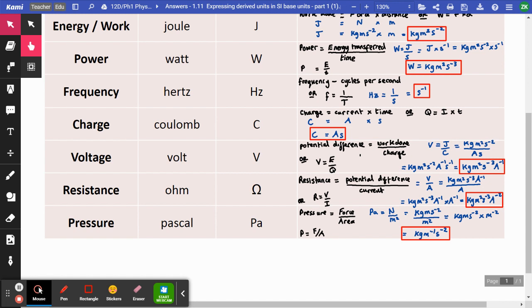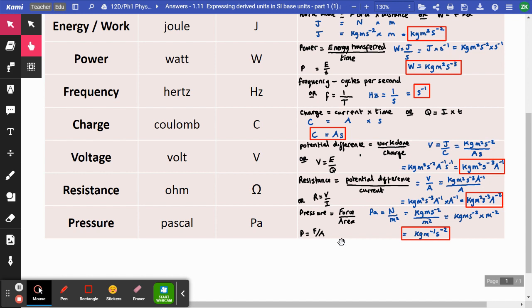Now we've just worked out the standard base units for coulombs is amp seconds. So where we see coulombs, we're just going to write amp seconds. We've done that before. Okay, so that's your standard base unit there. We know joules. Earlier on, we found the base unit for joules is kilogram meters squared seconds to the minus 2.